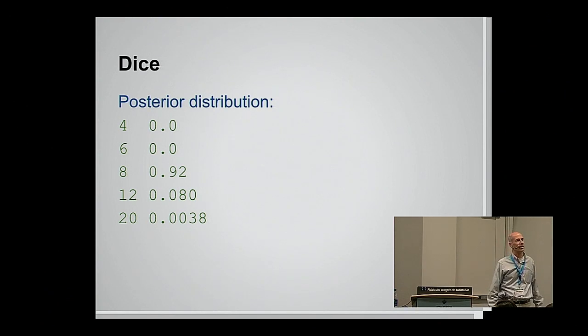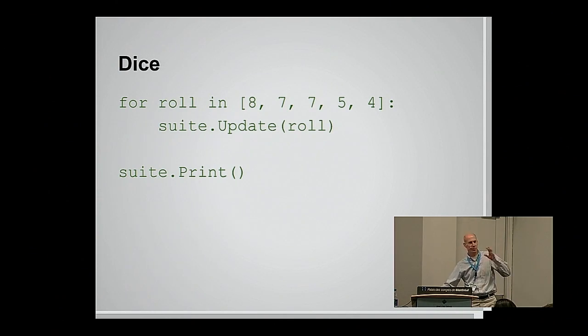Yes? Good question. How is it factoring in the fact that it has never rolled anything above an 8? And yes, it is taking that into account. One way to think about it, we've now rolled the die 6 times.